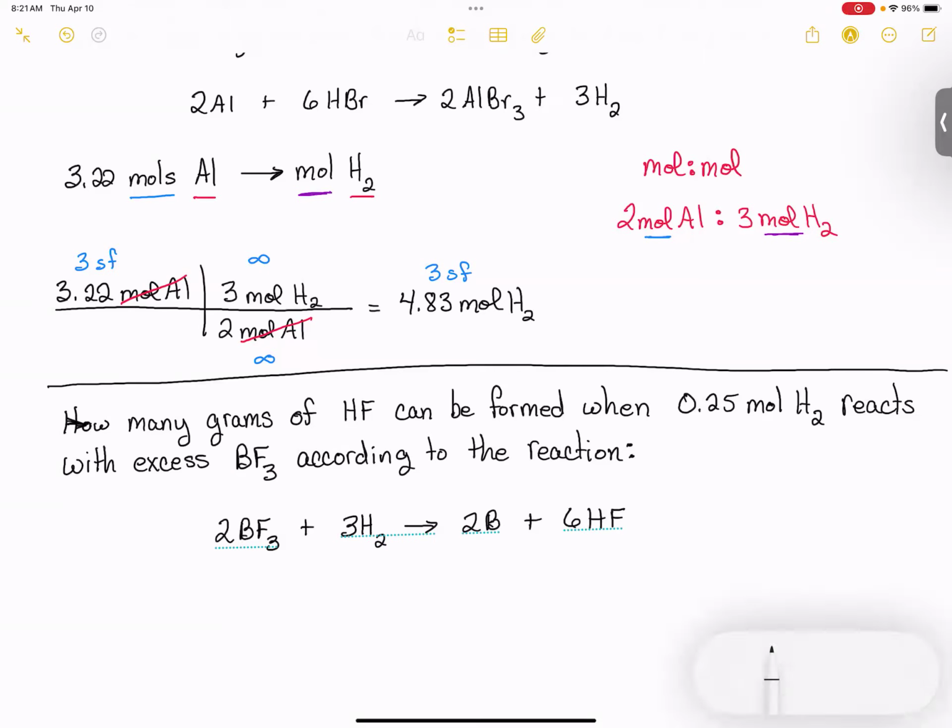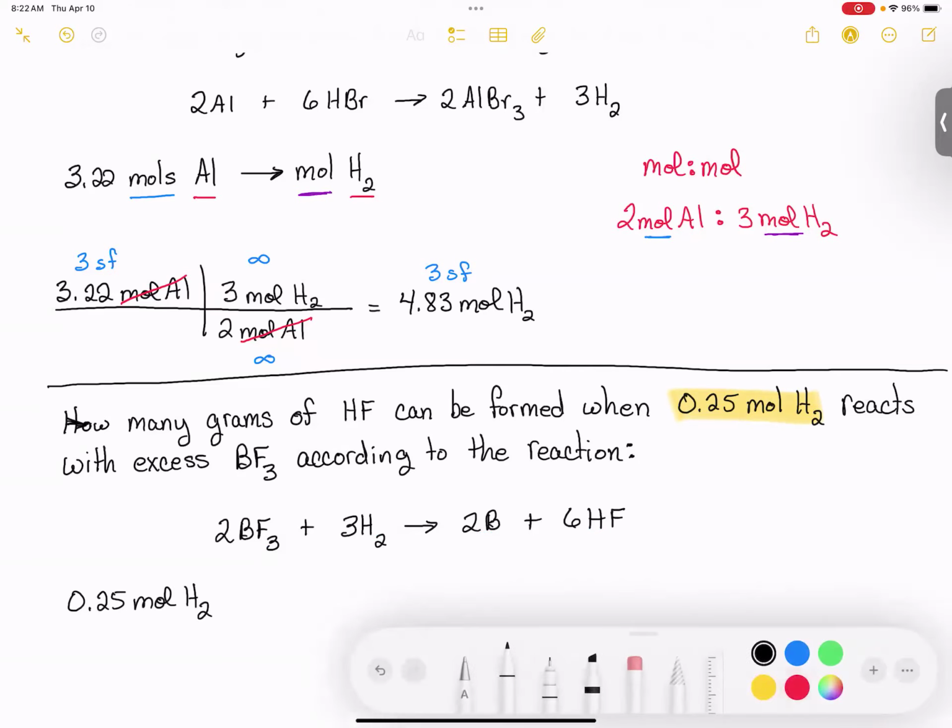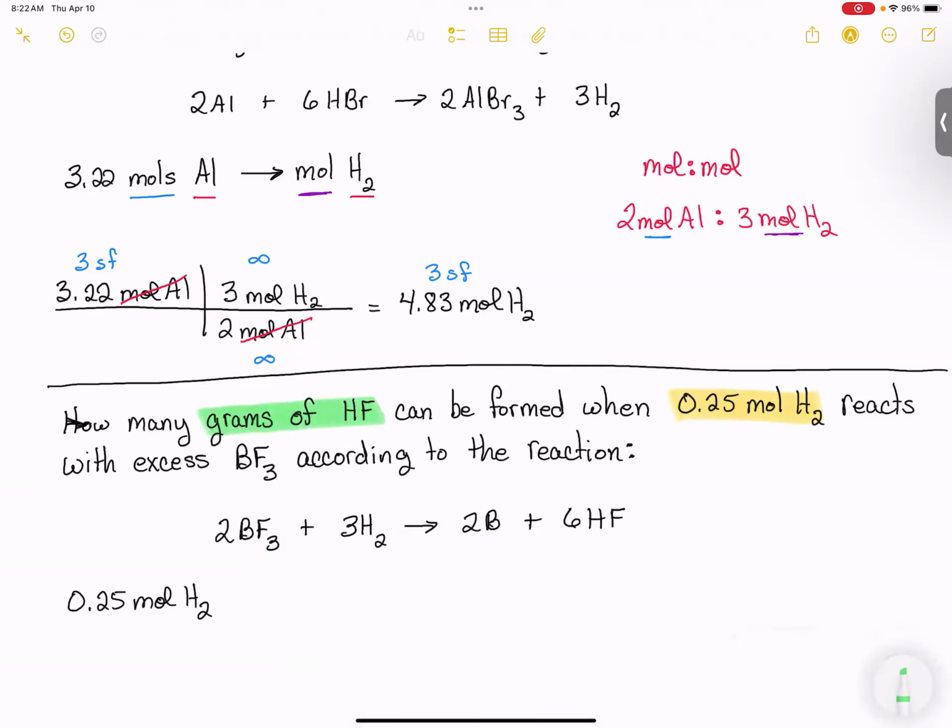Okay, let's break this down. Let's start with what we were given. We were given 0.25 moles of hydrogen. We identify what we were asked to solve for. We were asked to solve for grams of HF.